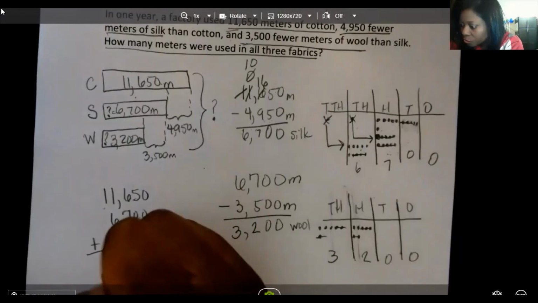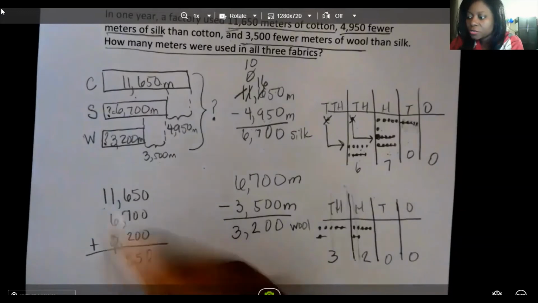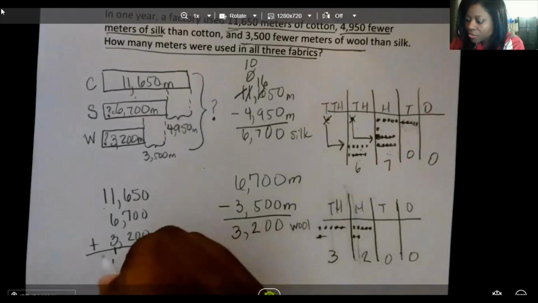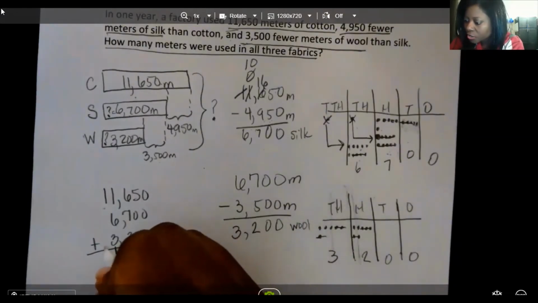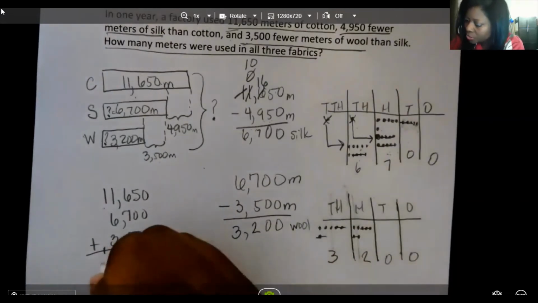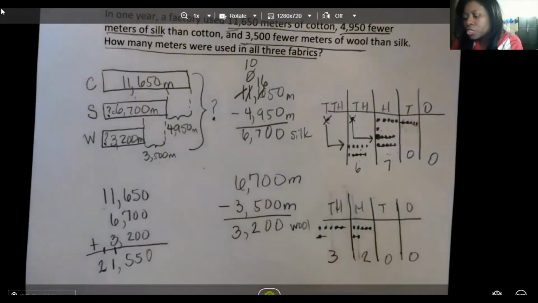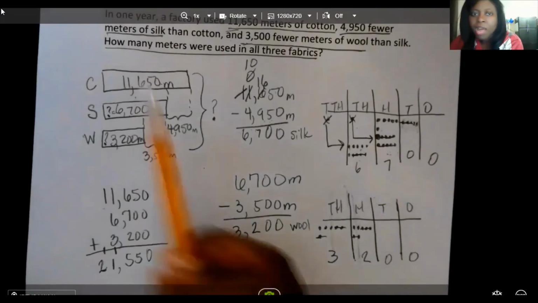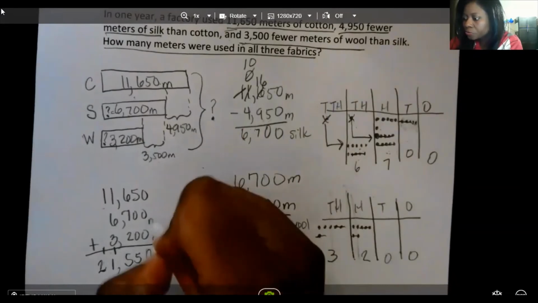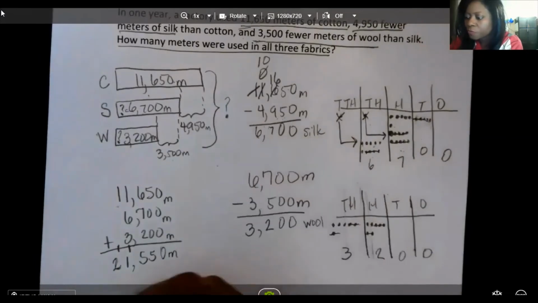And so therefore I'm going to put a new group in my thousands place. Now I have 11 thousands here. So I have to still put another new group in my 10 thousands place. And so now I have two 10,000s. So how many meters were used in all three fabrics? I can now answer that question. So that's my final question mark.